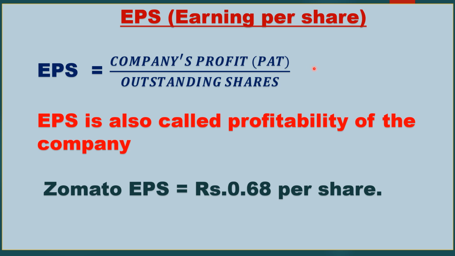EPS is also called the profitability of the company. For example, in the case of Zomato, we have already considered this. Per share, it earns only 0.68, which is a very low earnings per share. Similarly, you can calculate for other companies and see that if EPS is good, then the company earns more. It is using the capital for profitability.